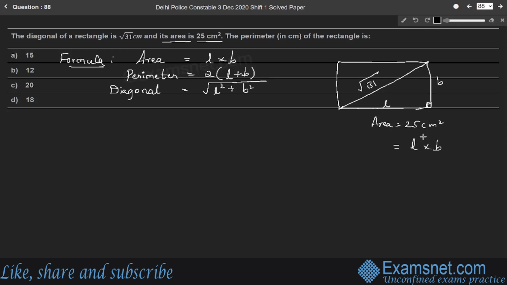Solution. Area is given here: length into breadth is 25. Consider this as equation 1. And the diagonal is given, which is square root of 31.